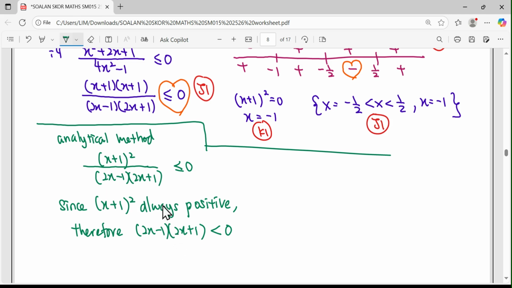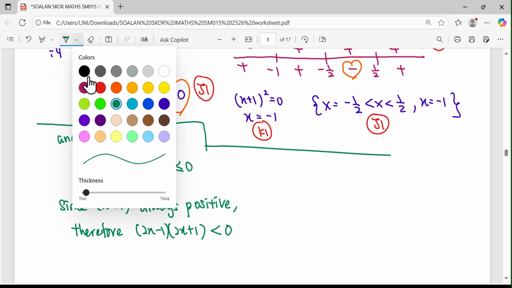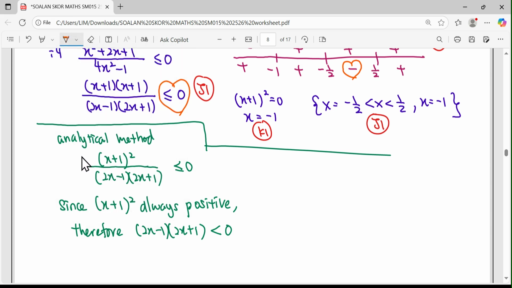So to make the whole fraction negative, since the numerator is always positive for whatever x, this one we already know the property, always positive, this one we don't know. To make it negative, the denominator here has to be negative.